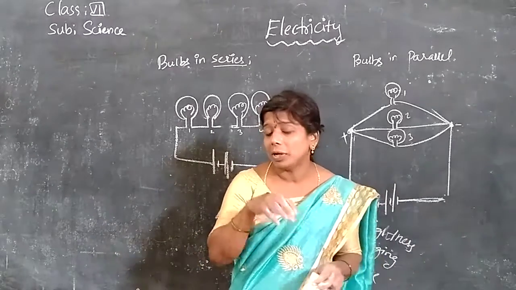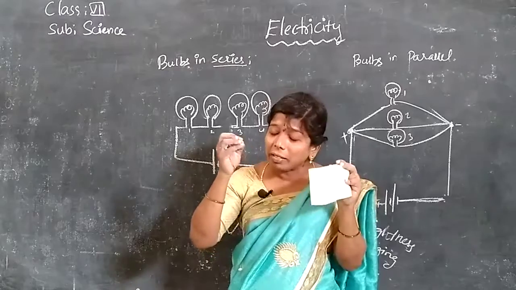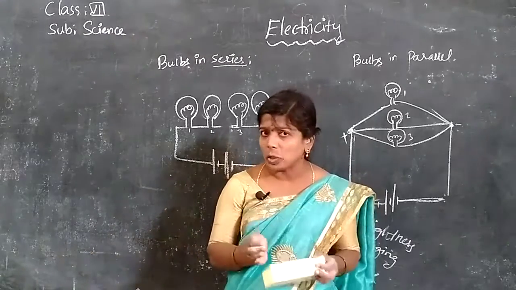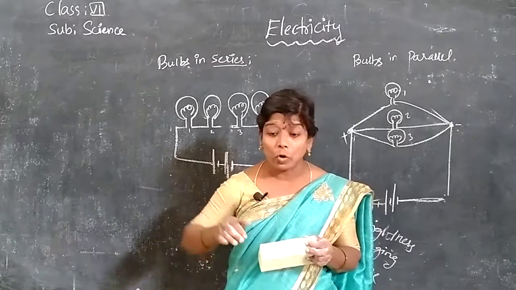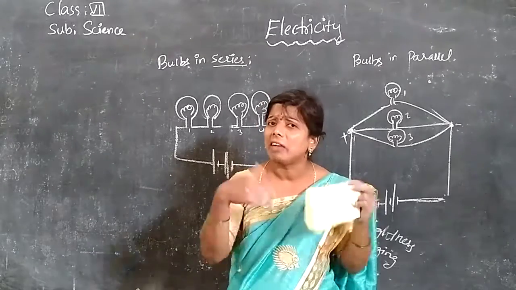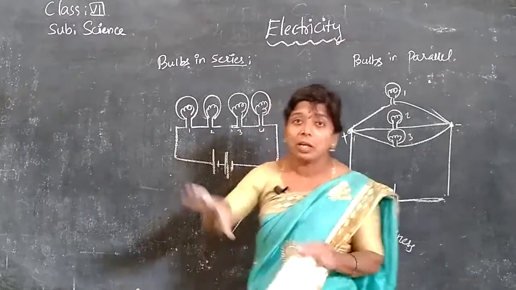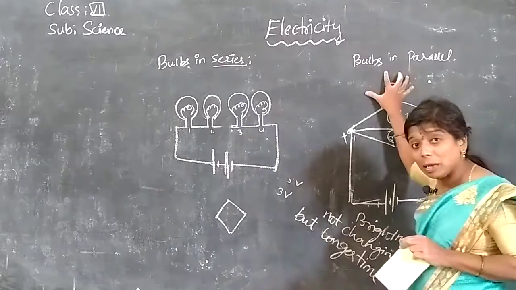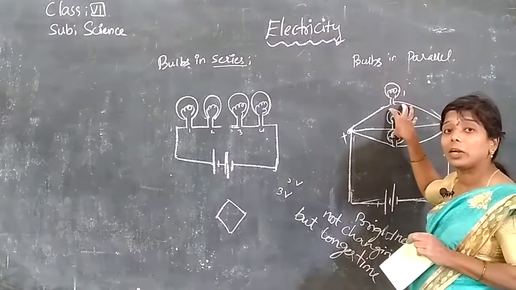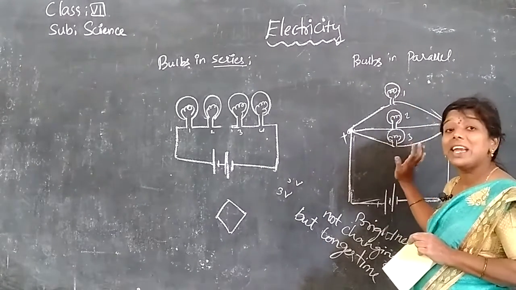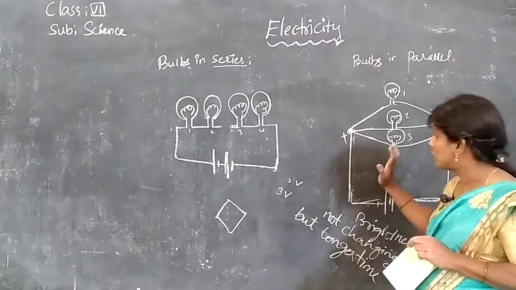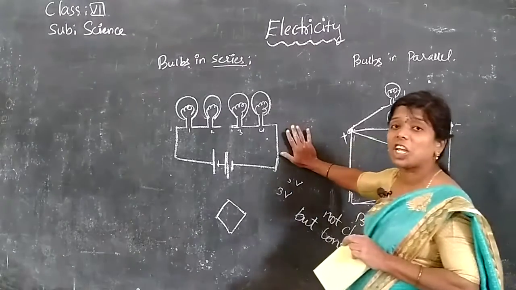They will not think about the others, they will take as much as they want. How much this bulb wants, it takes. How much this bulb wants, this one takes. Here the brightness will not change.